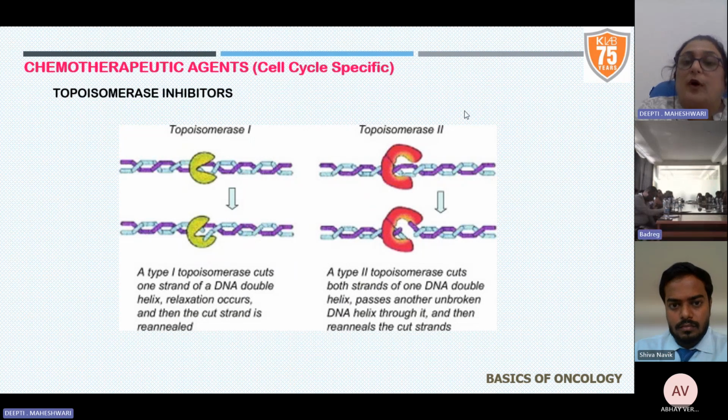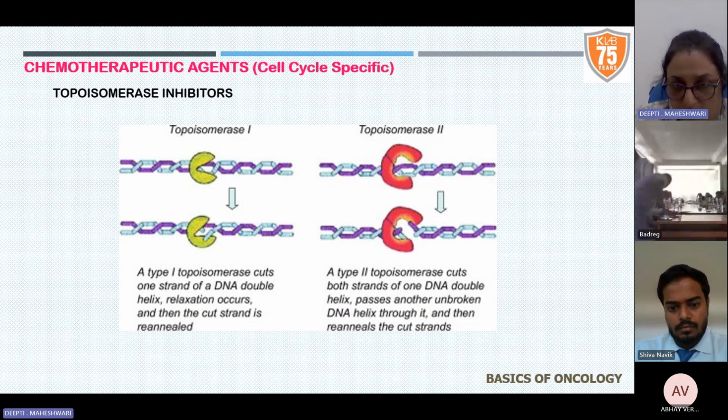Now, what does topoisomerase 2 enzyme do? It will cause two cuts in the DNA strand. Okay, and because of the two cuts, again the DNA will uncoil itself. But later on, after the two DNAs are formed, it has to again coil.